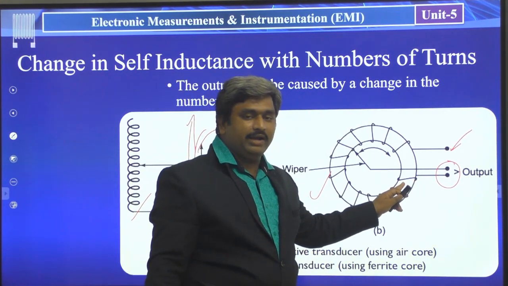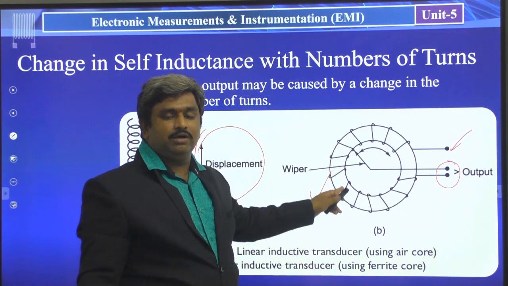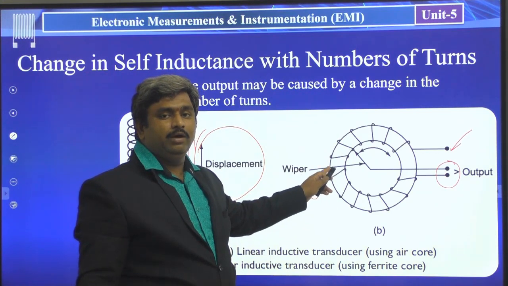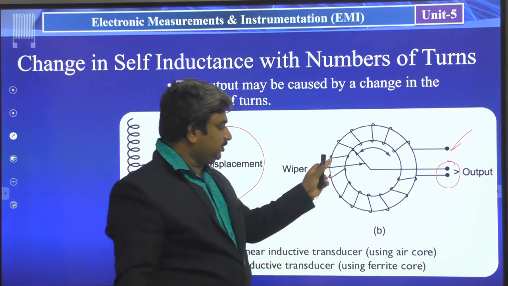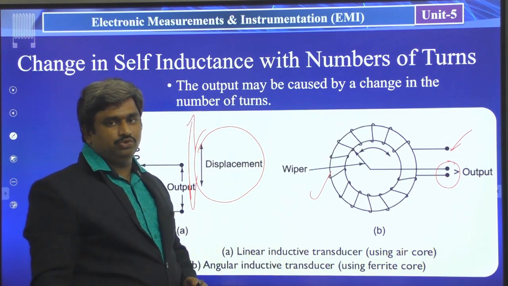One terminal is connected at one end, and the other terminal is placed at any of the middle turns. So this is called the rotational or angular inductive type transducer.